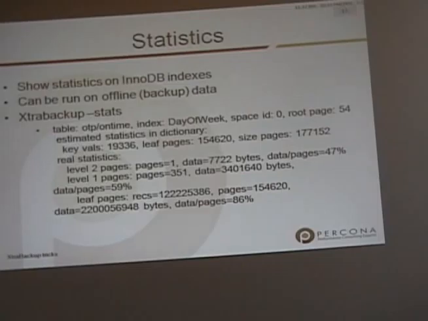So for each index you can estimate data usage and fragmentation of the index. I recently posted a couple of posts on my MySQL Performance blog about the importance of fragmentation. So you can use InnoDB statistics to estimate how fragmented your index is.